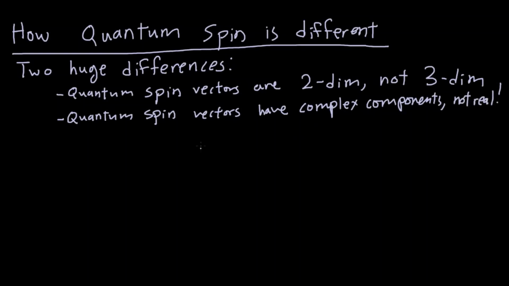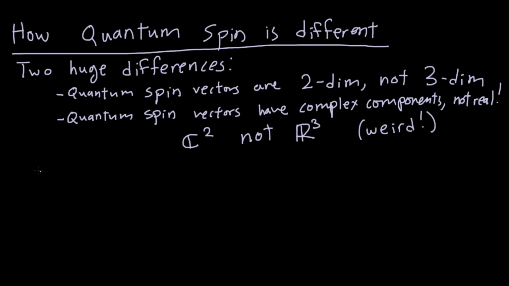So in other words, quantum spin vectors are elements of C2, not R3. That's pretty weird. So it takes two complex numbers to specify a quantum spin vector instead of three real numbers.